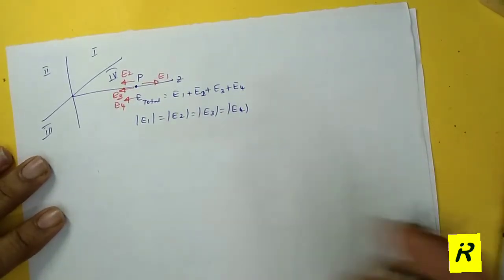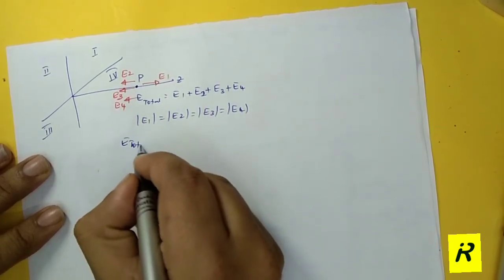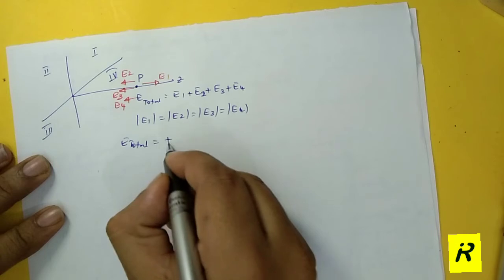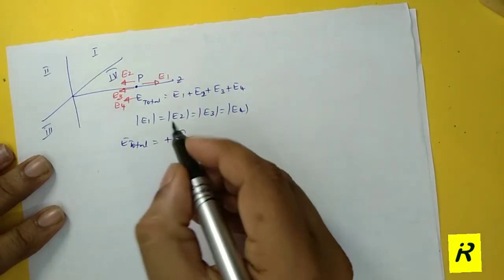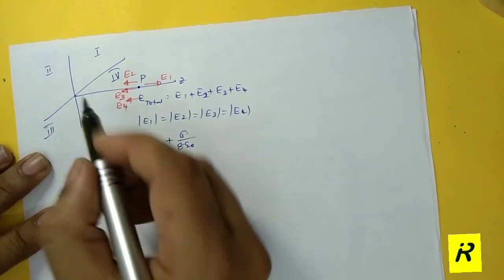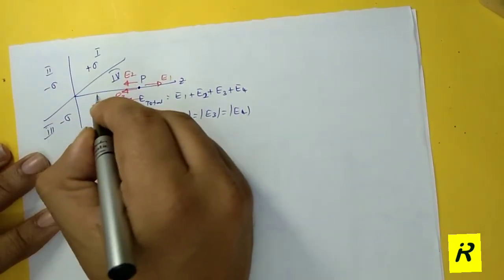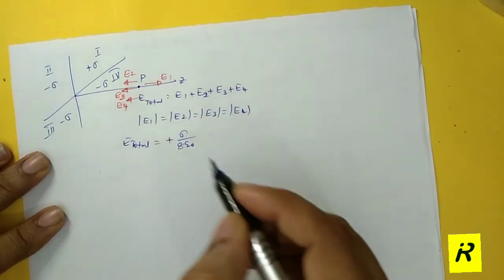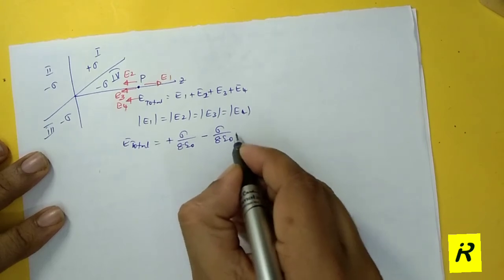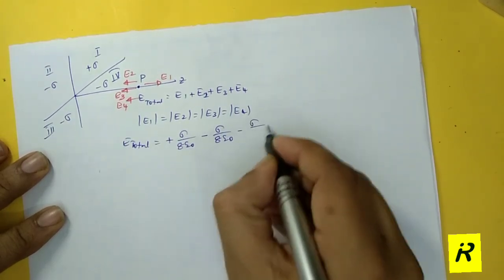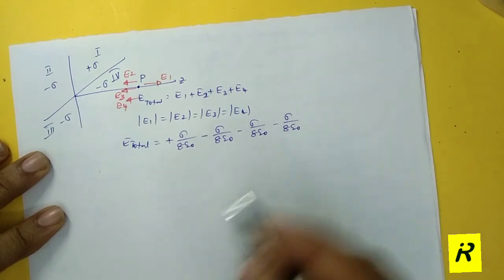Therefore, E total equals plus sigma divided by 8 epsilon o. E2 is negative because here is plus sigma, here is minus sigma, here is minus sigma, and on that side is also minus sigma. So minus sigma divided by 8 epsilon o, one more minus sigma divided by 8 epsilon o, and one more sigma divided by 8 epsilon o.